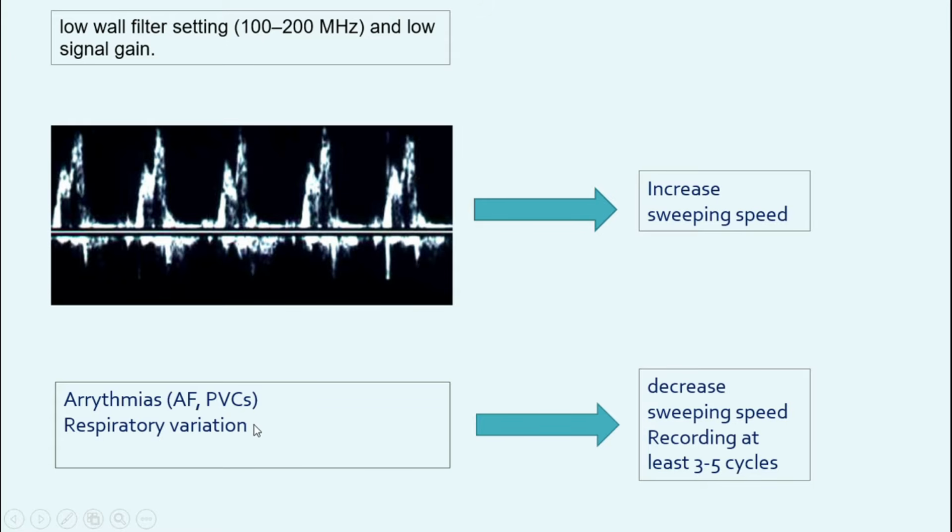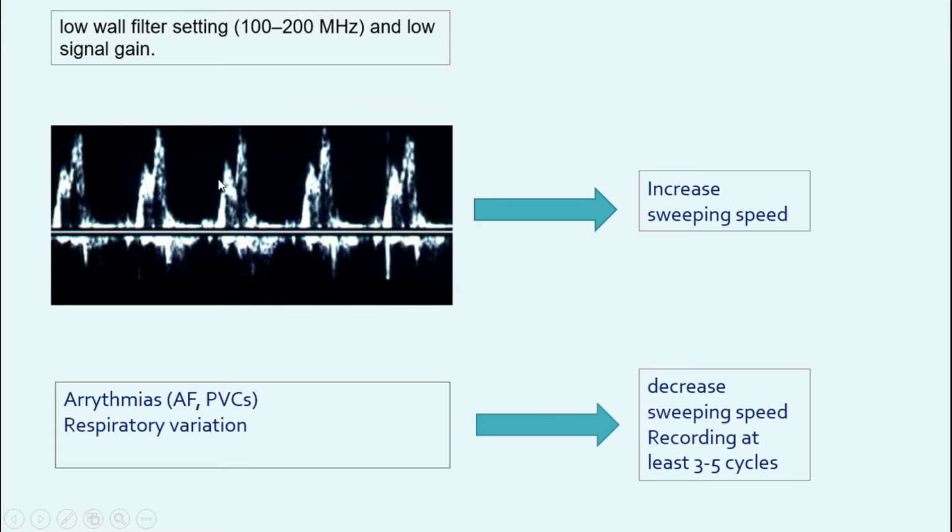In the cases that we have too many extra beats, like multiple premature ventricular contractions or AFib, and even in situations that we need to evaluate respiratory variation, like when we have pericardial effusion, we have to decrease sweeping speed to 25 millimeters per second.